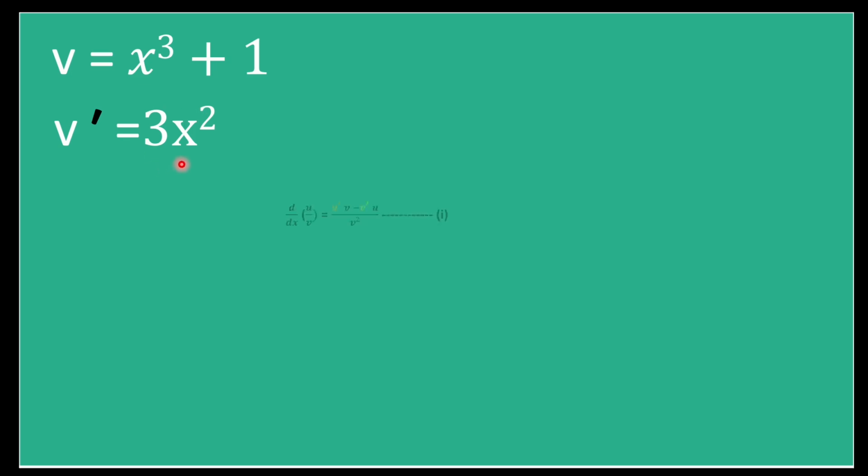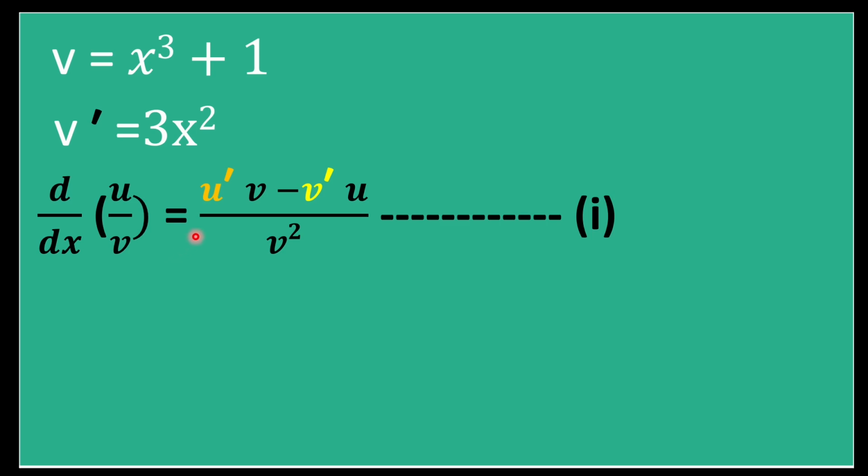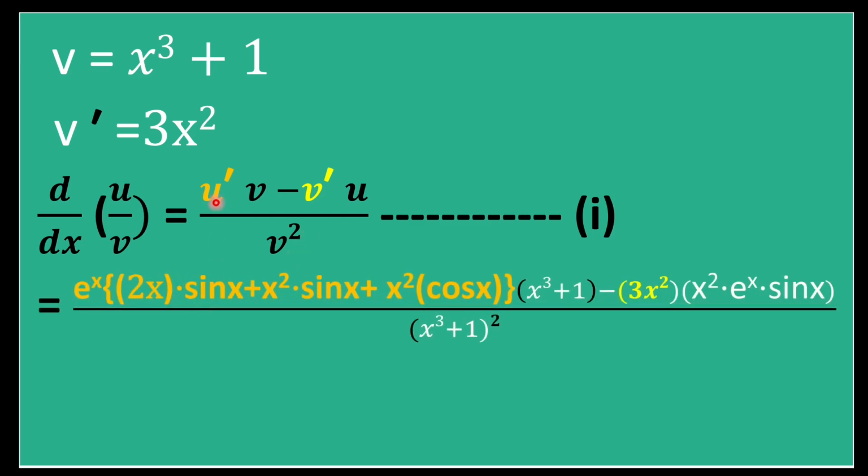And now we will put in the values, because now we have all of them. We have the value of u prime, we have the value of v, we have the value of v prime, and we have v squared as well. So let's put the values. For u prime, we have determined the differentiation, so this whole value is u prime.